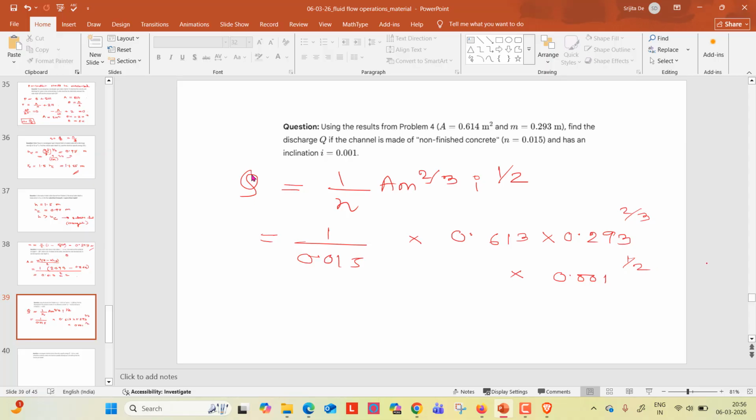So how much is it coming? It is coming as 0.57 meter cube per second. Okay, next.